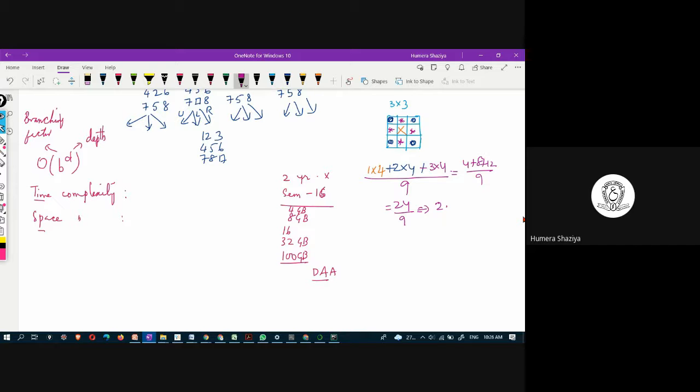Okay, and you are using the highest value of this. Whatever you get, if you take the ceiling, not floor, the top of it, then it would be 3. So on average the branching factor for this 8 puzzle problem is 3.